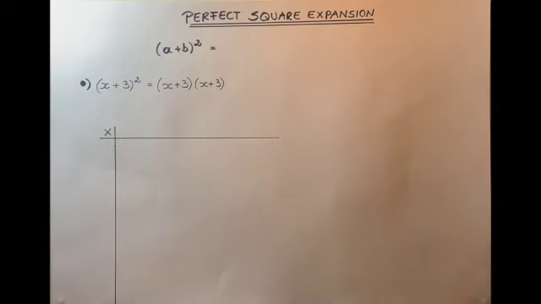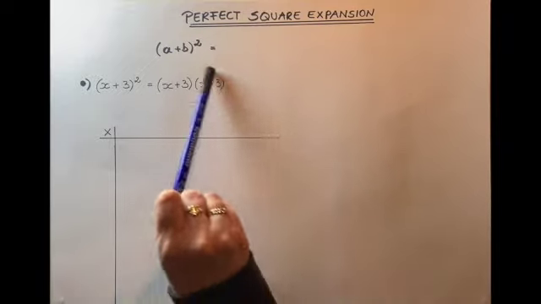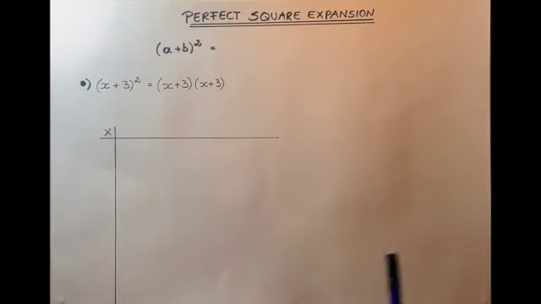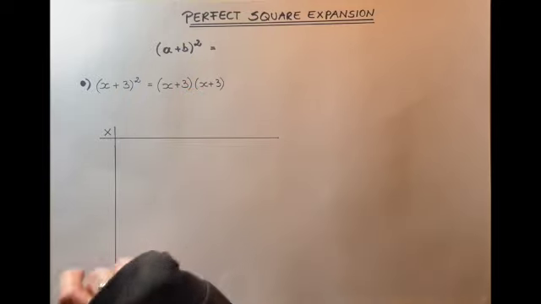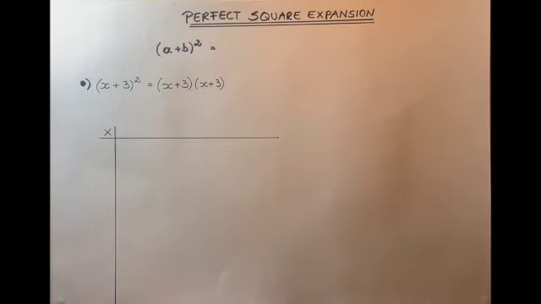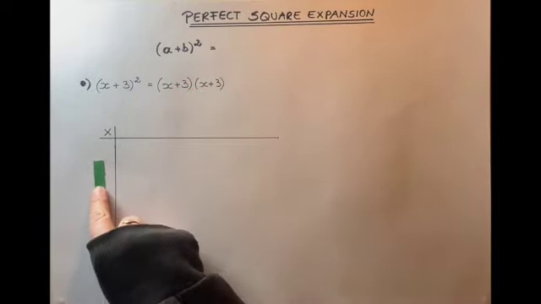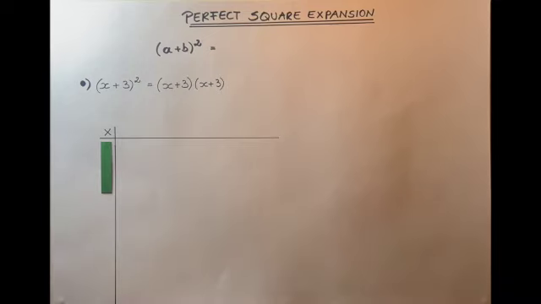Now you've got your two brackets, and I'm going to ask you to pause the video right now to try to solve this by yourself before you come back to check if you were right. So I'm assuming that you tried and that you're back to check your answer. My first bracket says x plus 3, so that's what goes in that first row.